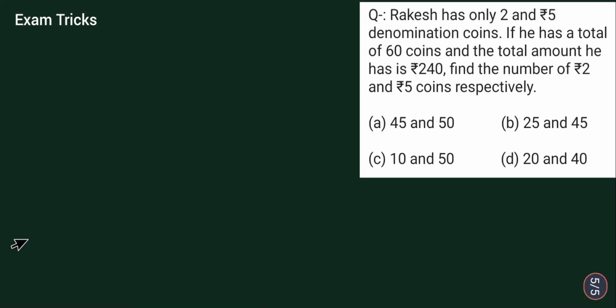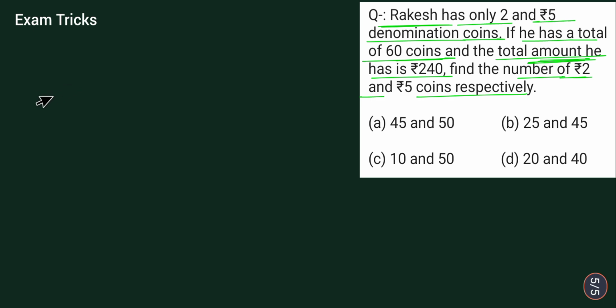Next question. It says Rakesh has only 2 rupees and 5 rupees denomination coins. If he has a total of 60 coins and a total amount, point to be noted here, of 240 rupees, find the number of 2 rupees coins and 5 rupees coins respectively.